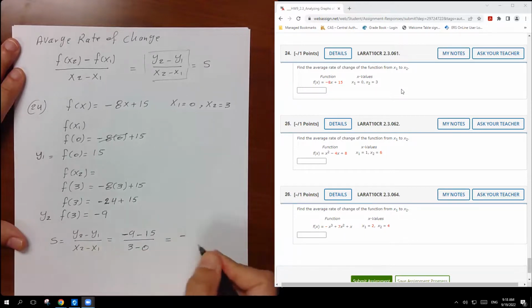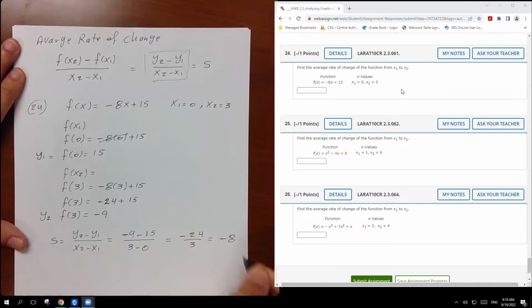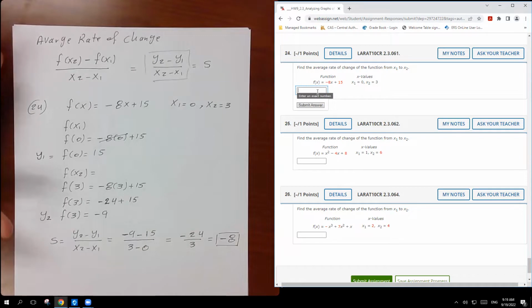So it's going to be negative 24 over 3 minus 0, which is 3. And this is going to be negative 8. That means the average rate of change is negative 8. So for this example, it's going to be -8.